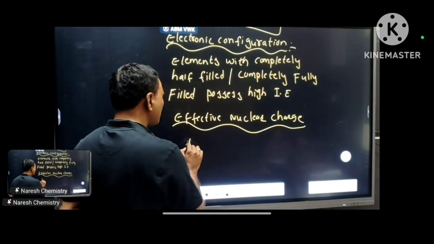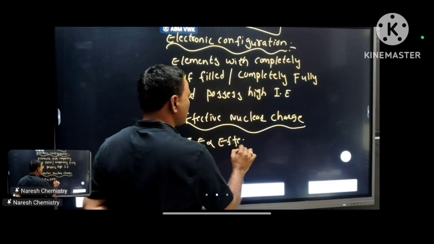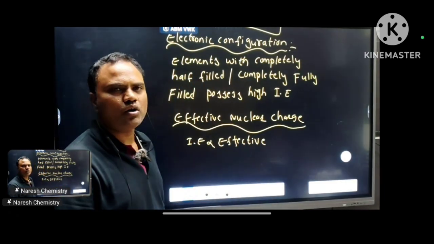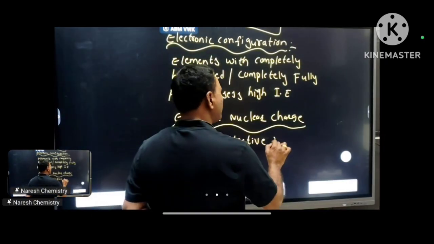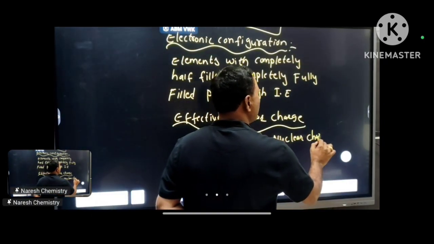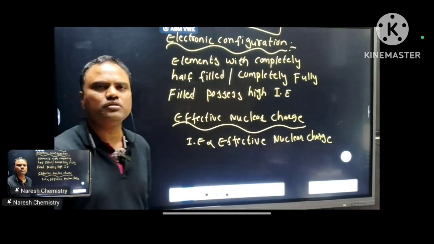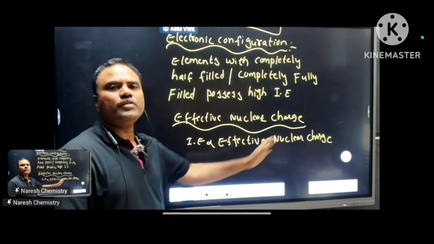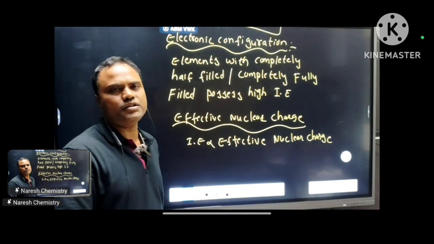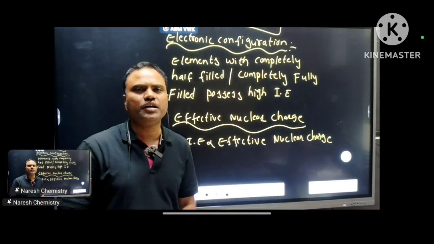IE is directly proportional to effective nuclear charge. It increases as we move from left to right in the periodic table, and ionization energy also increases. That's why right side elements possess high ionization energies.